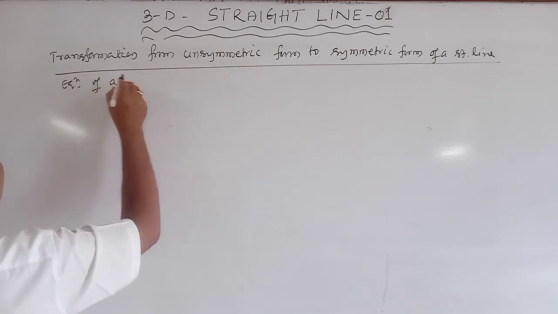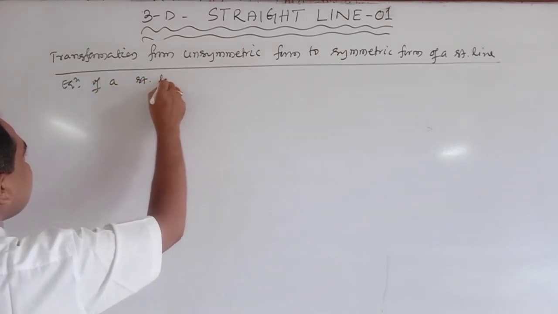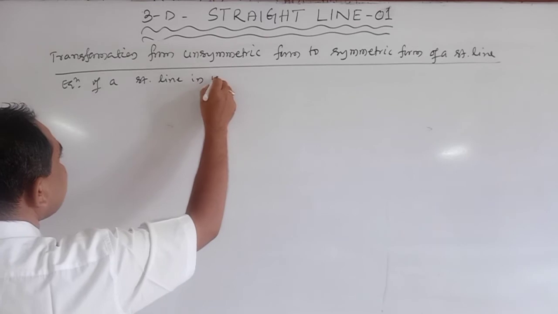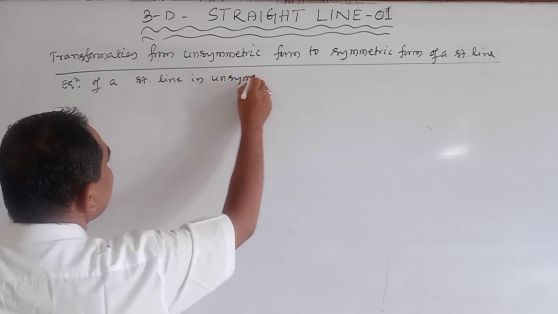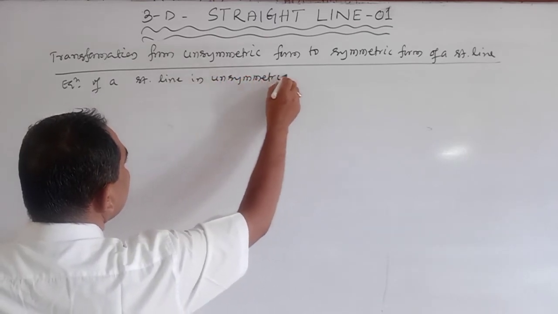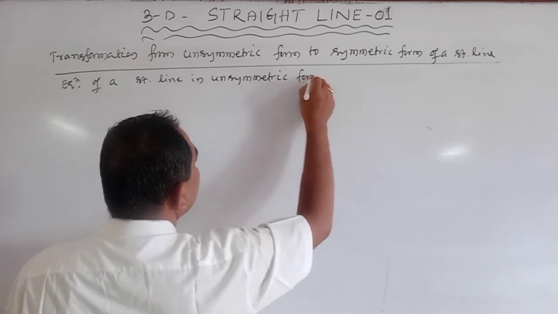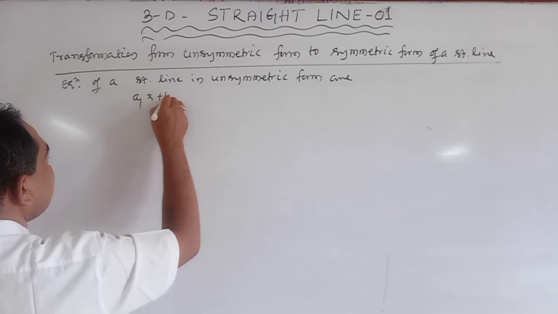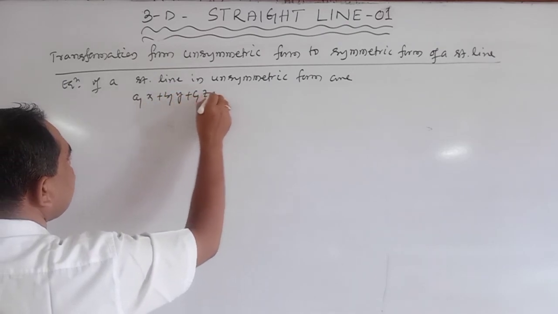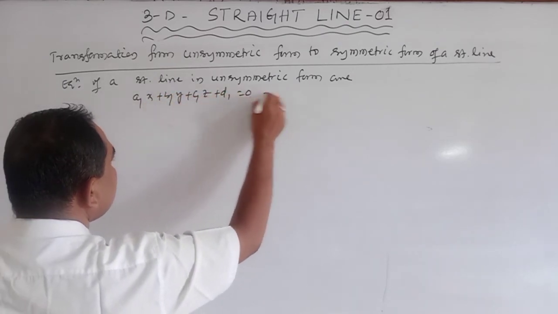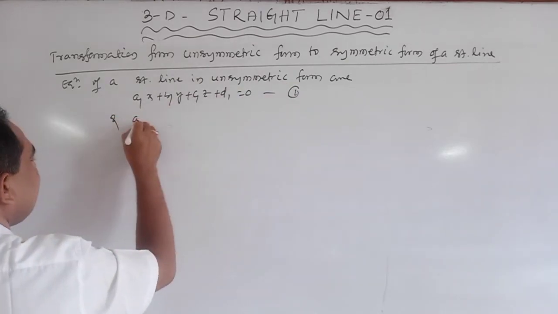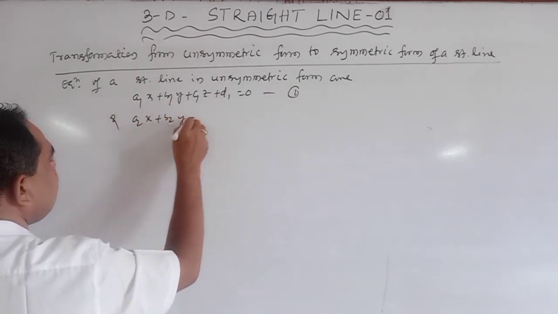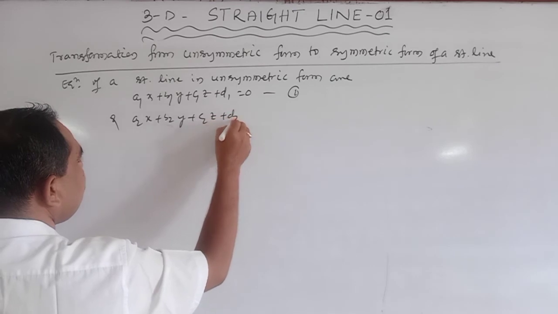Equation of a straight line in unsymmetric form are a1x plus b1y plus c1z plus d1 equal to 0, equation 1, and a2x plus b2y plus c2z plus d2 is equal to 0, equation 2.